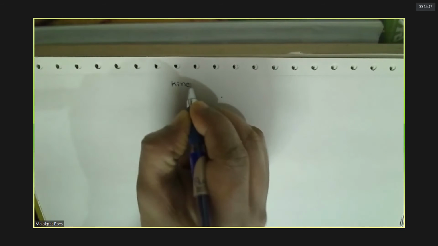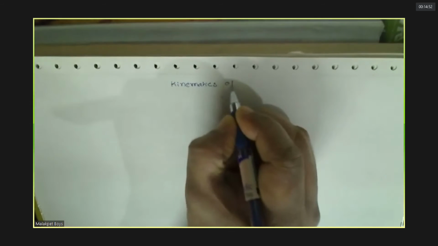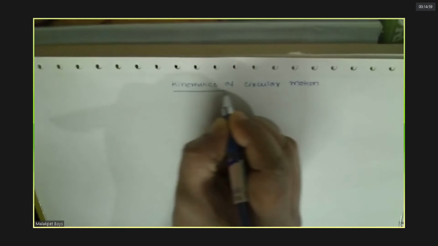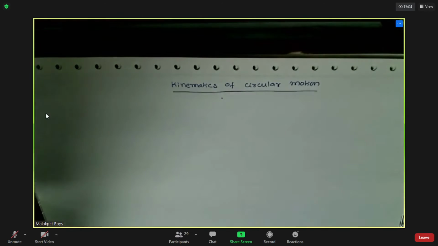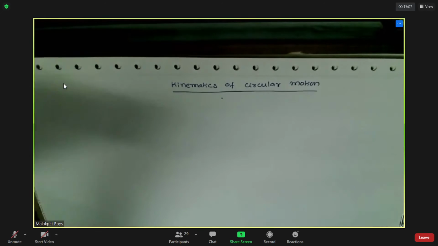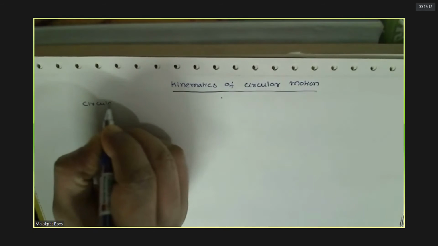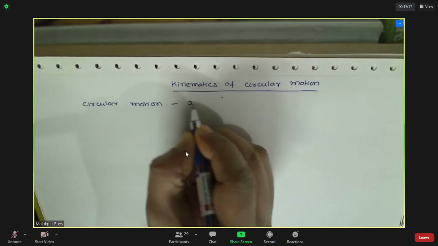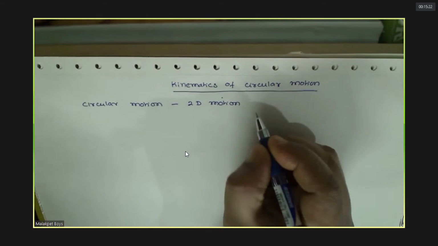Follow this. This is the kinematics of circular motion. See, circular motion is nothing but a two-dimensional motion, no? Because this is also motion in a plane.